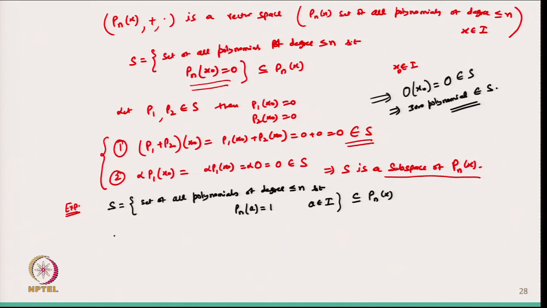So, the main question is that, I told you that first you can check about the 0 polynomial. So, let us check the zero polynomial.